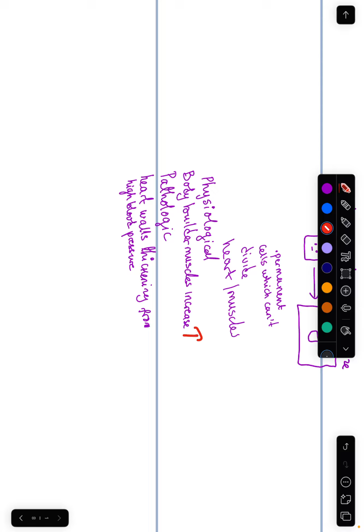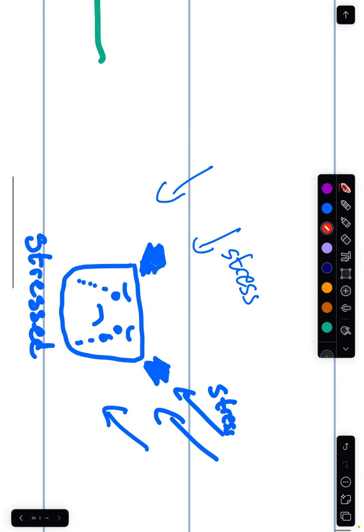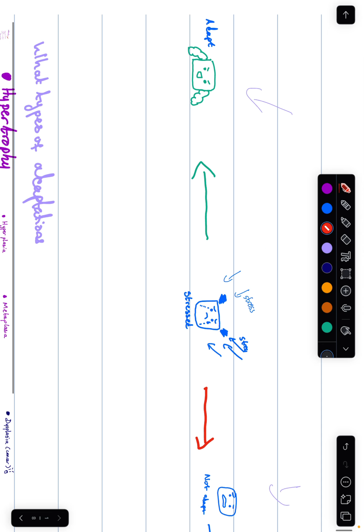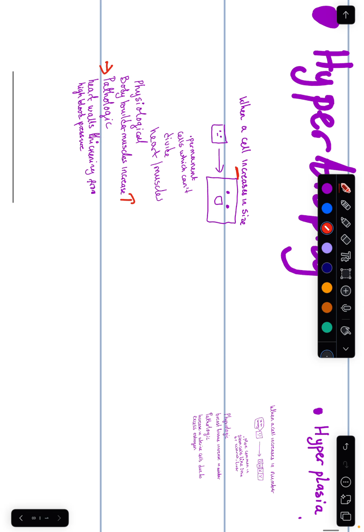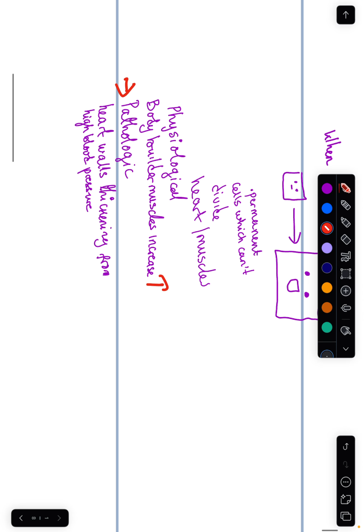But it now becomes pathologic because the body cannot handle this. Even though your muscles are adapting, the stress is getting too much. Eventually this could lead to things like cell death and muscle spasms. So just keep in mind that something can be physiological, which is good, and become pathologic, which is bad.